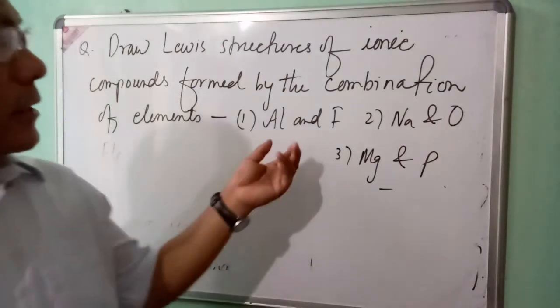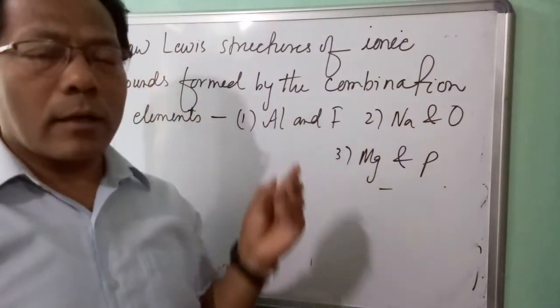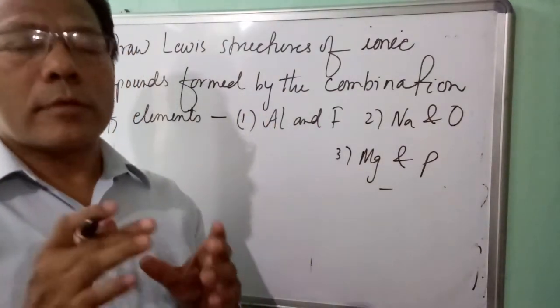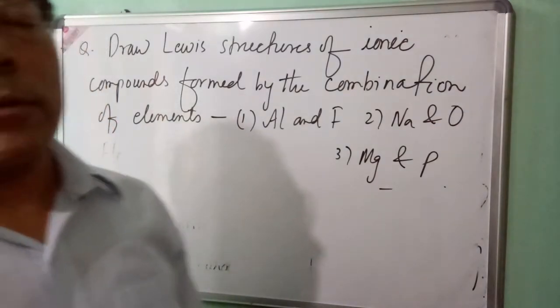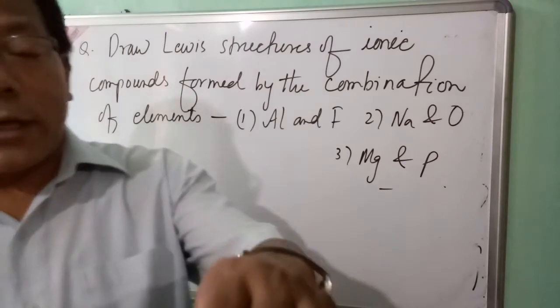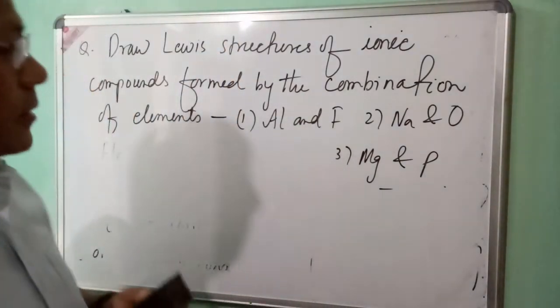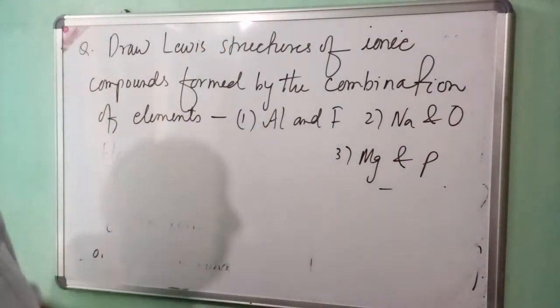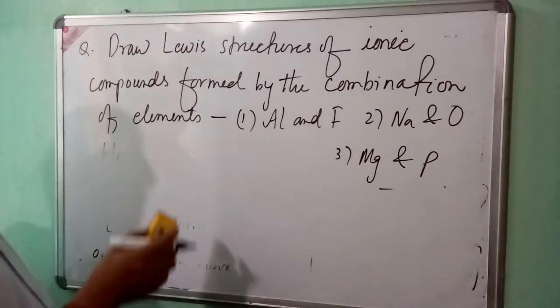So when a metal and a non-metal combine, they form an ionic compound, and we have to write the structure.